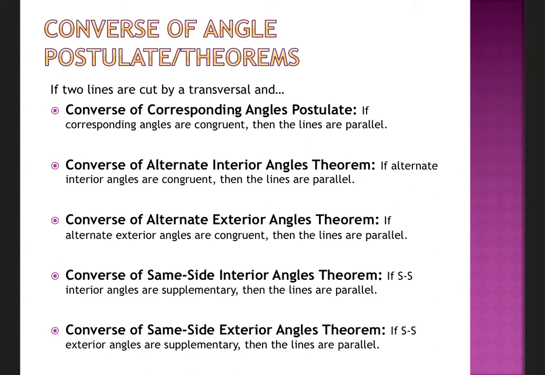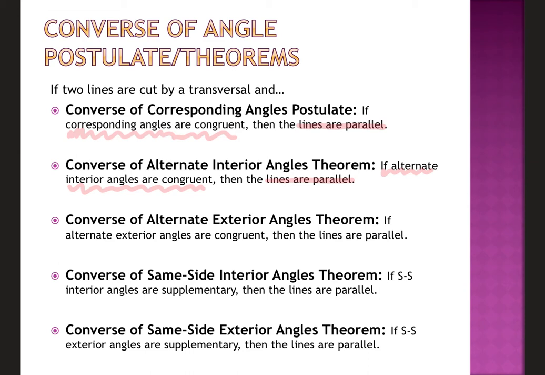Now, in this postulate and these theorems, instead of going from parallel lines to angle relationships like the other one did, all of these go from angle relationships to parallel lines. So if corresponding angles are congruent, then lines are parallel. If alternate interior angles are congruent, then lines are parallel.